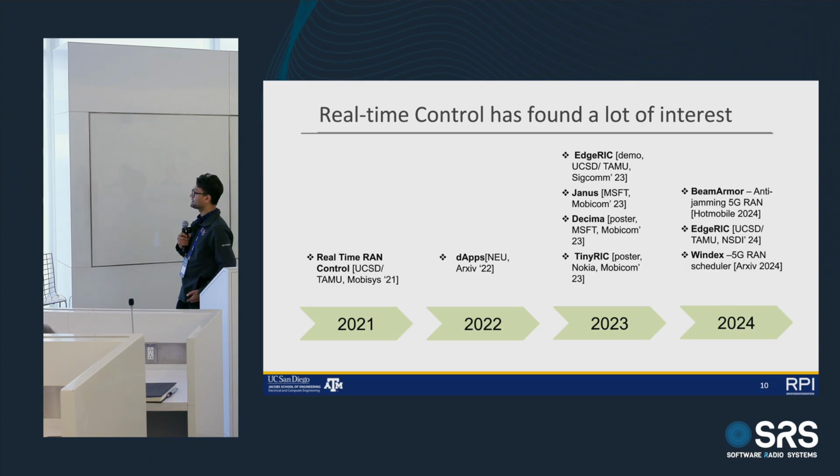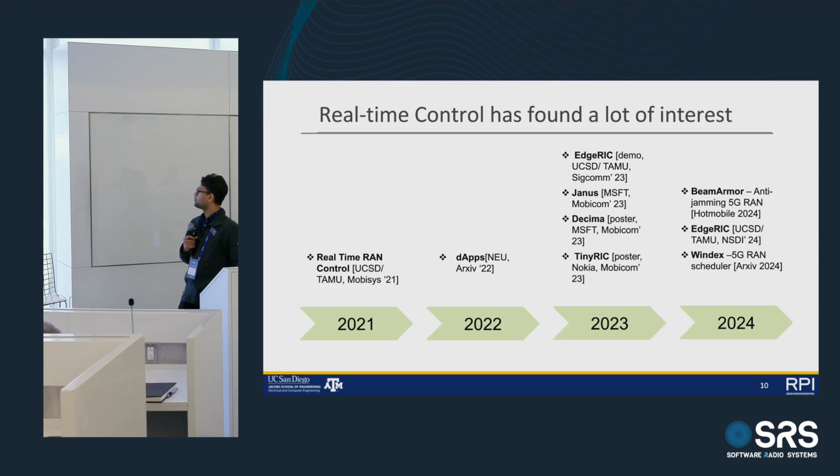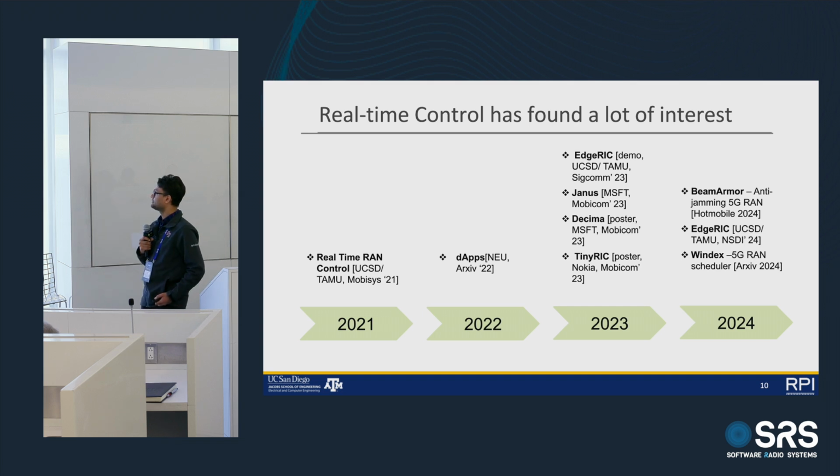We had another Edge RIC demo at SIGCOMM. Janus from Microsoft, Decima from Microsoft, and TinyRIC from Nokia came up, talking about real-time control and telemetry. And more recently, we are building a lot of new applications on top of Edge RIC, like BeamArmor, Windex, and so on. I'm going to talk about some of these applications.